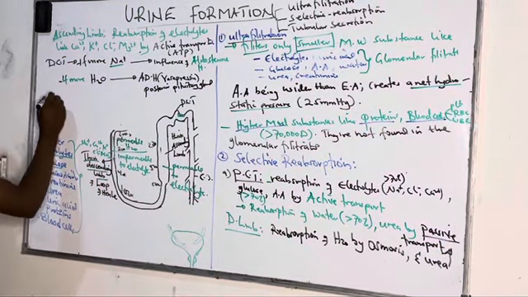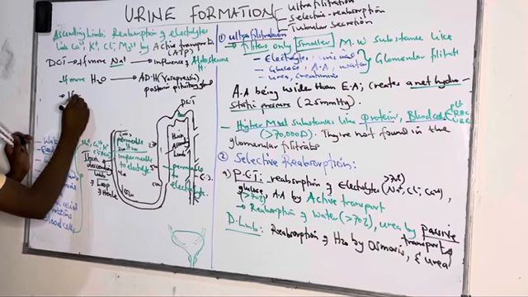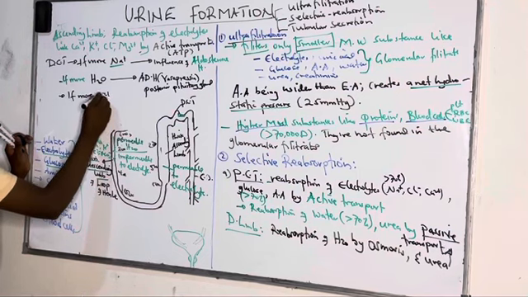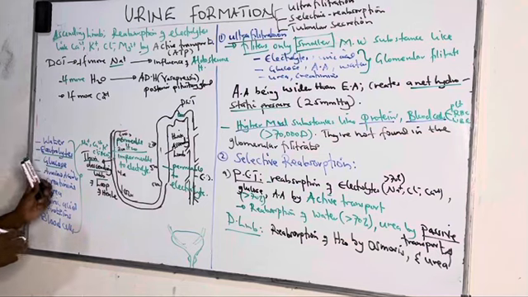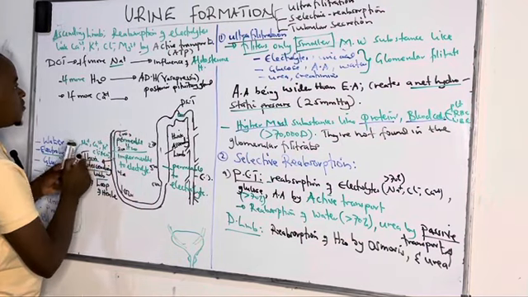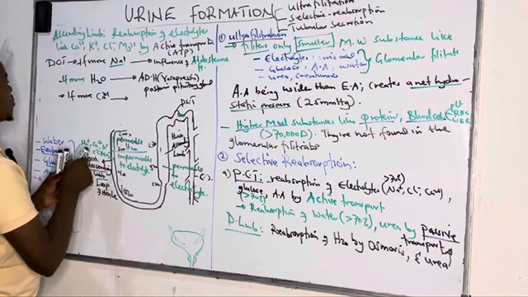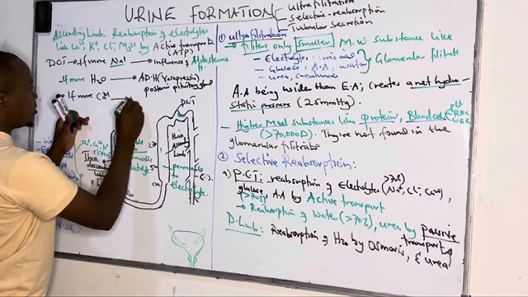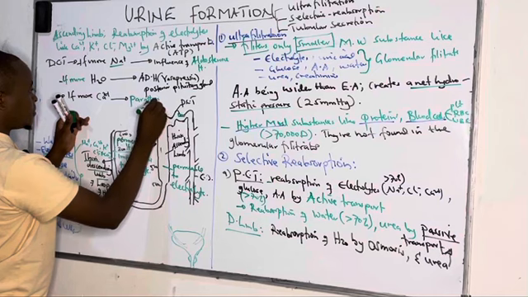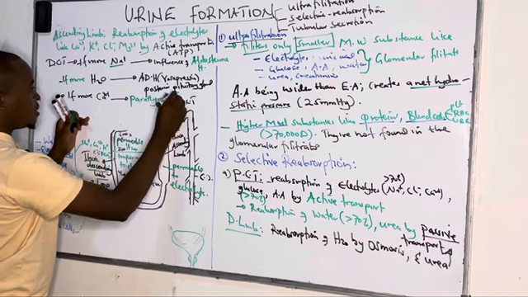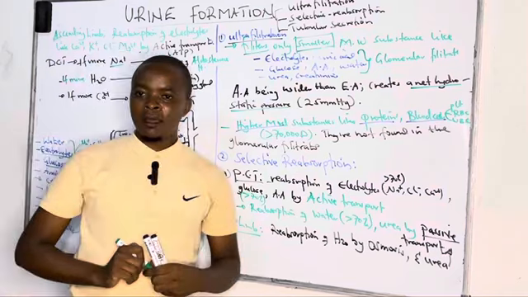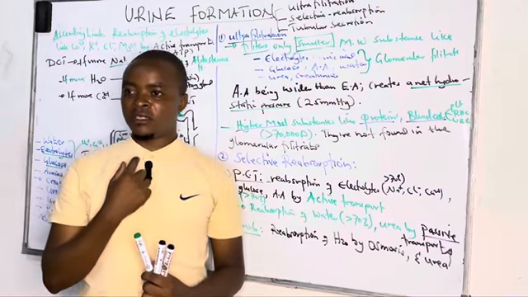The last statement is that if more calcium is needed in the body, we see it being reabsorbed under the influence of a hormone, and this hormone is known as parathyroid hormone. And this parathyroid hormone is produced by the parafollicular cells of the thyroid.